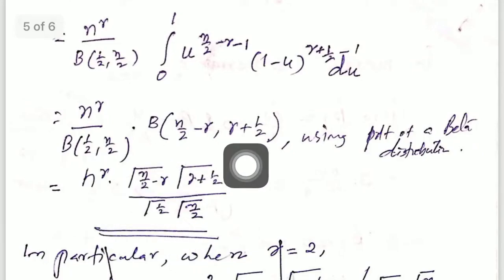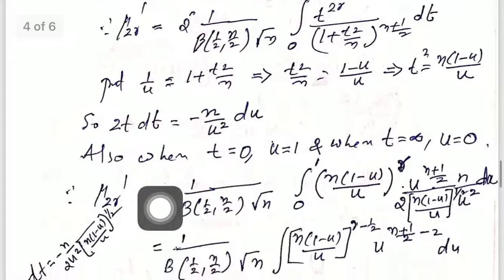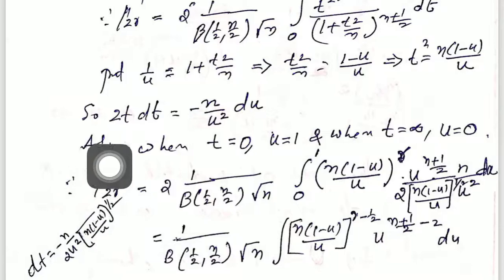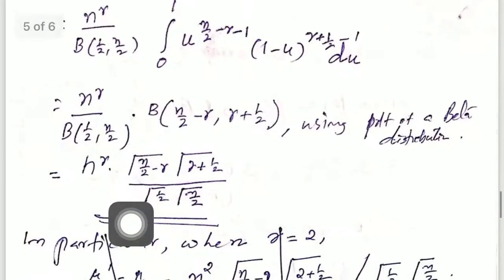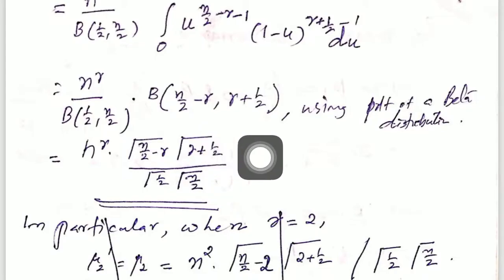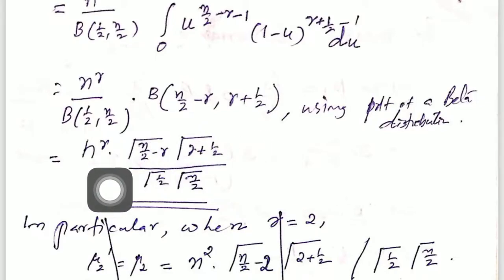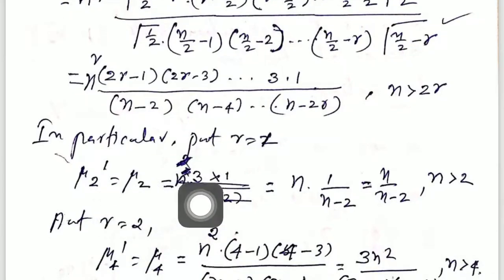Okay, this is the expression for the second order moment, fourth order moment, sixth order moment, etc. That is, even order moments can be determined using this formula. So you can come to some particular cases. You can put r equal to 1, so that you will get mu 2 dash.